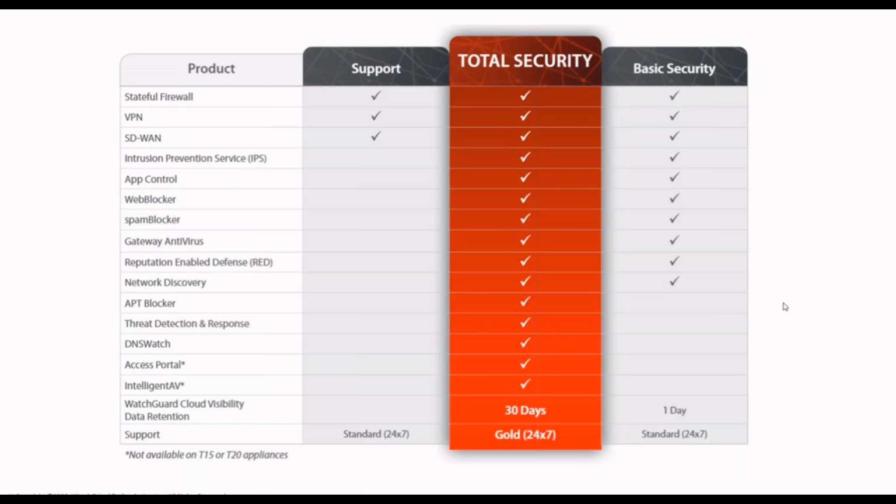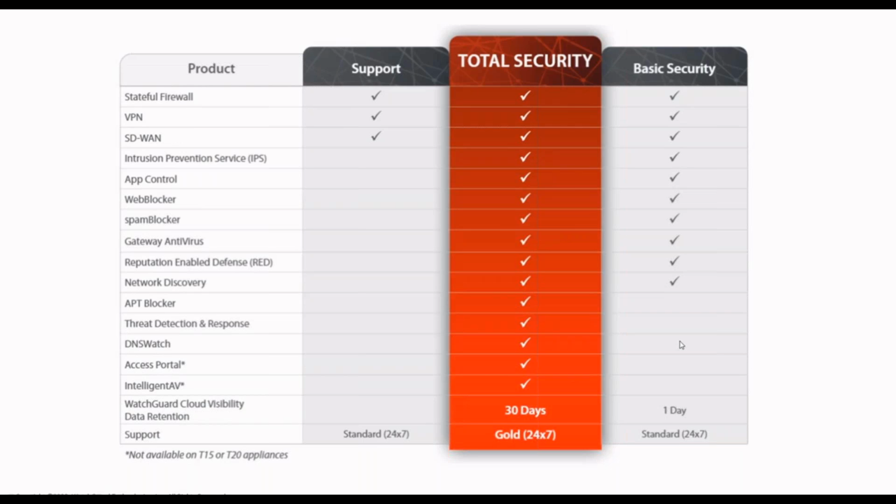If a client or partner is just looking for support, they will have a stateful firewall, a VPN, and SD-WAN. VPN is definitely one of the tools to encrypt traffic between two sites or from an end user to the resources, but it is not a secure solution by itself.